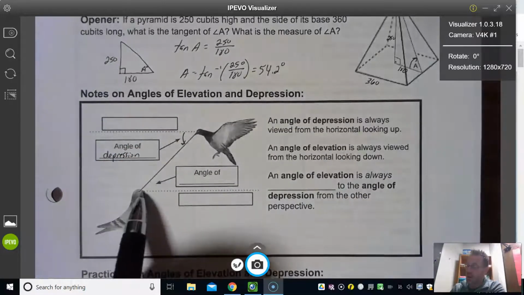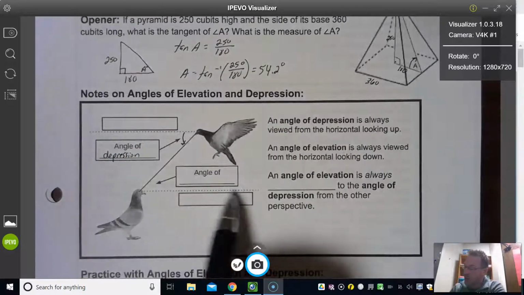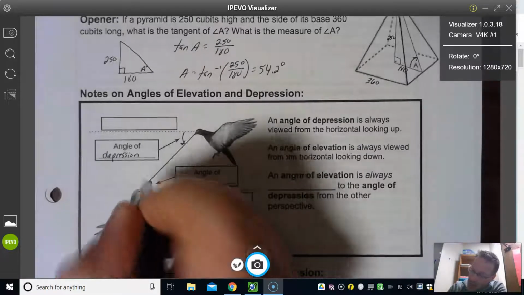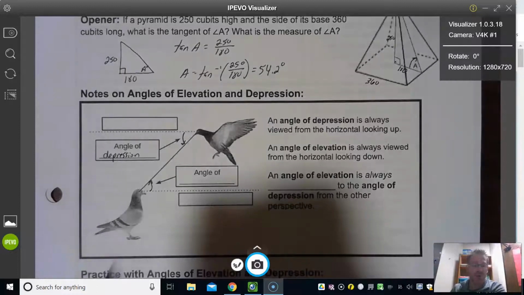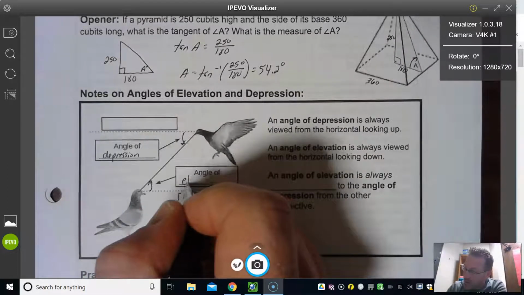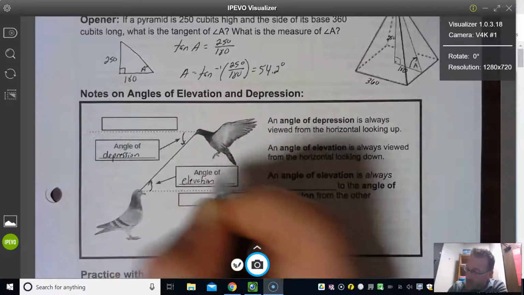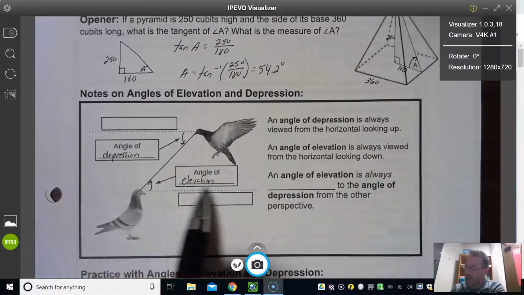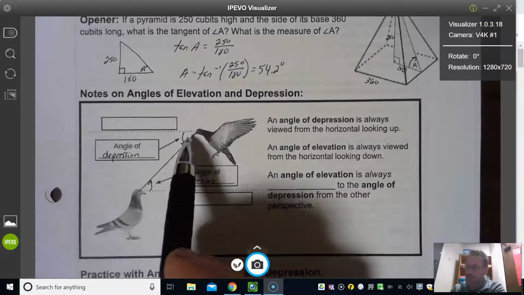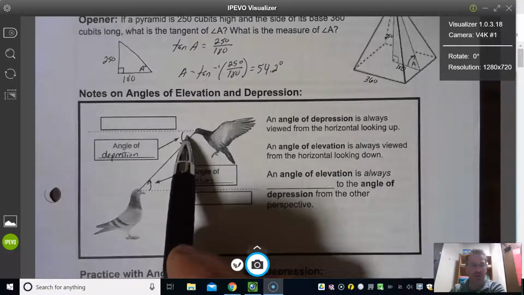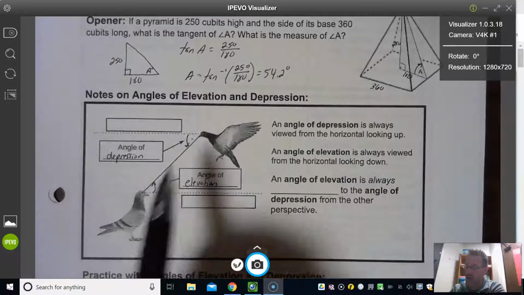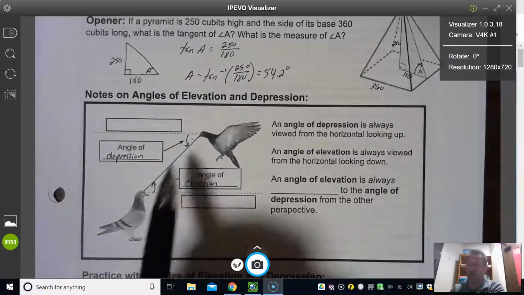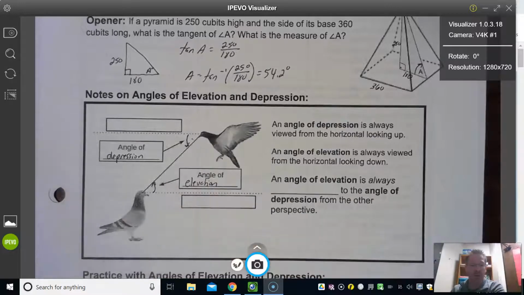Versus this pigeon, his or her line of sight is right here, and notice this angle is going up from that horizontal, and that would be an angle of elevation. And then notice something: if this is a horizontal line and this is a horizontal line, the angle of depression for this horizontal and the angle of elevation here are going to be equal because they're alternate angles of parallel lines.